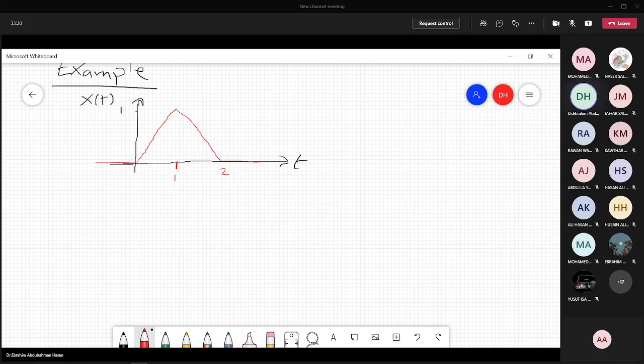How much is the energy? Squared, then find the area under the curve. Because this is x of t, the first step is that you need to square it.